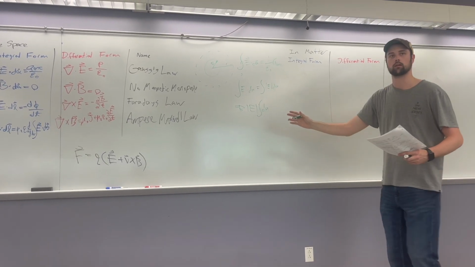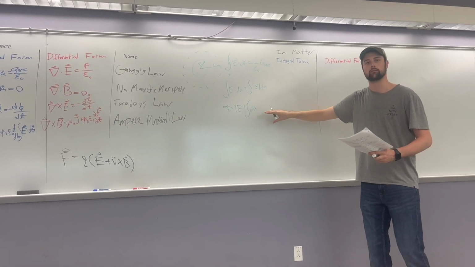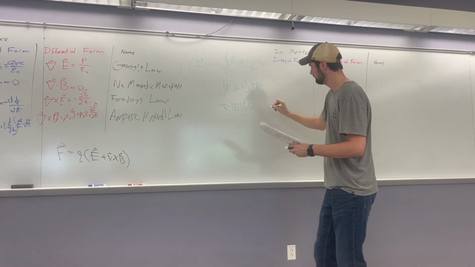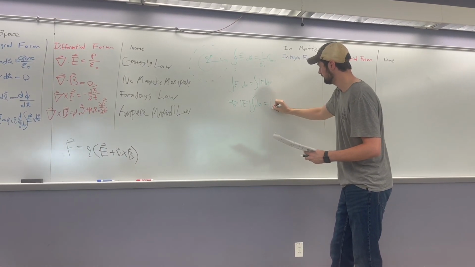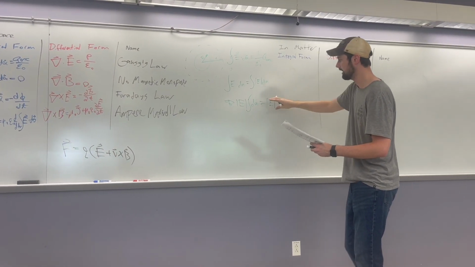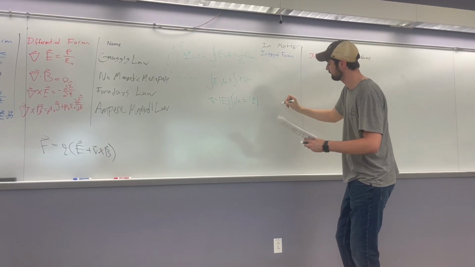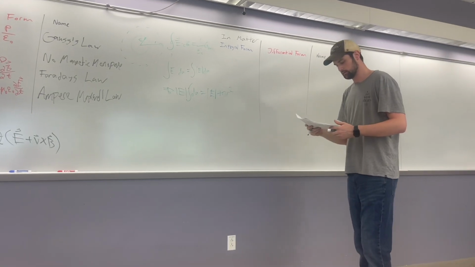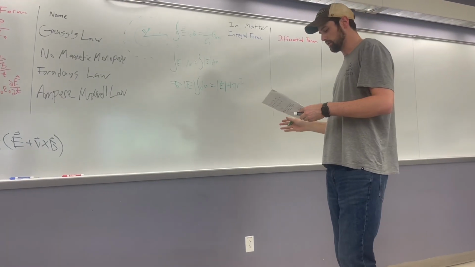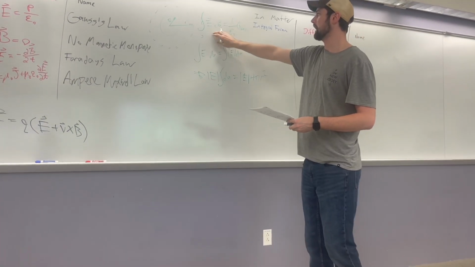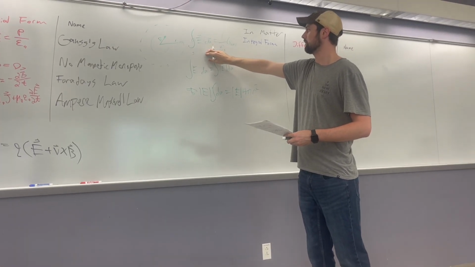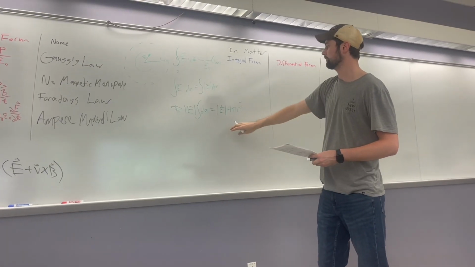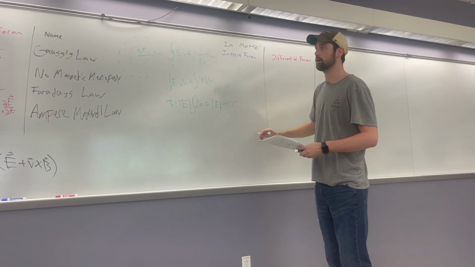Now we have a sphere. If we're integrating just the area of that sphere, that is going to equal the absolute value of E times the area of that sphere, which is 4 pi r squared. So now we know that the left side of Gauss's law, the integral of E dot dA, is actually equal to E times 4 pi r squared.